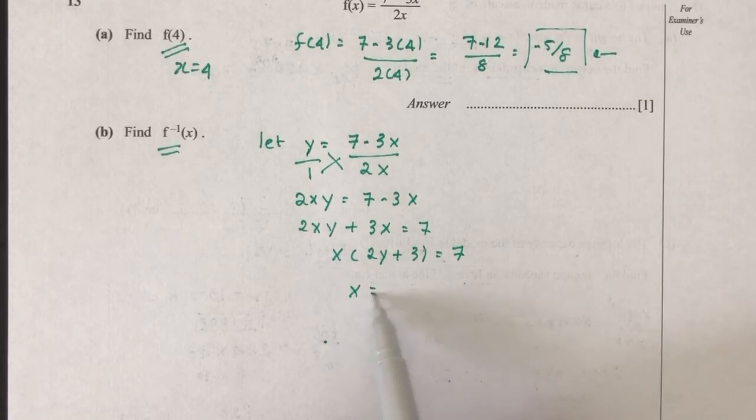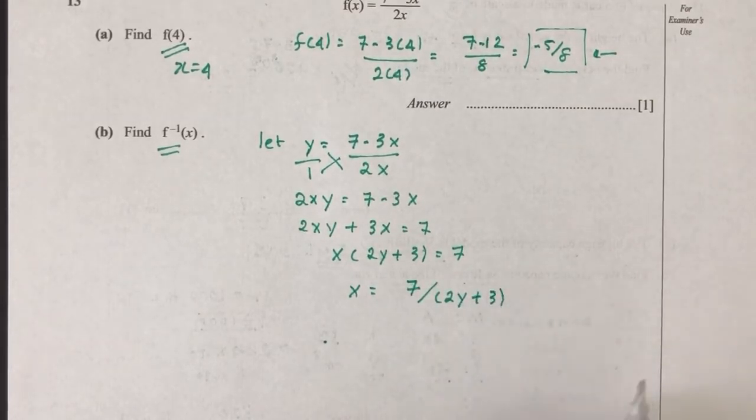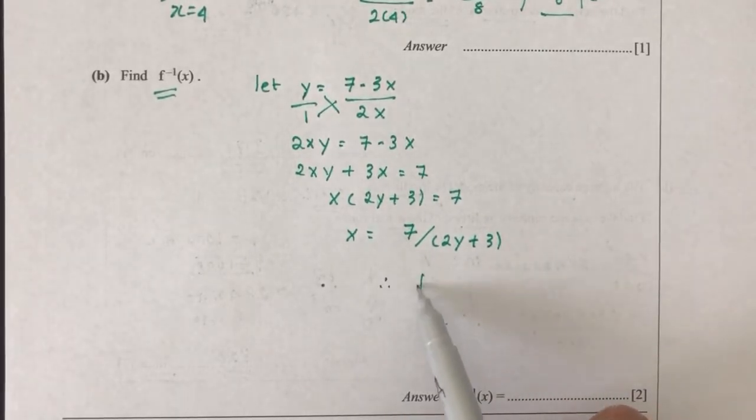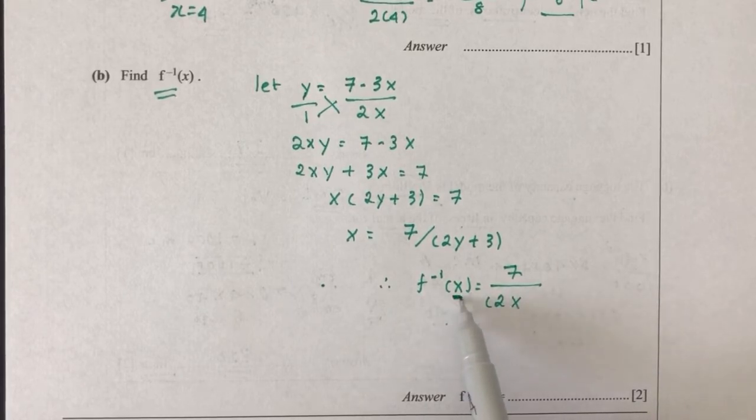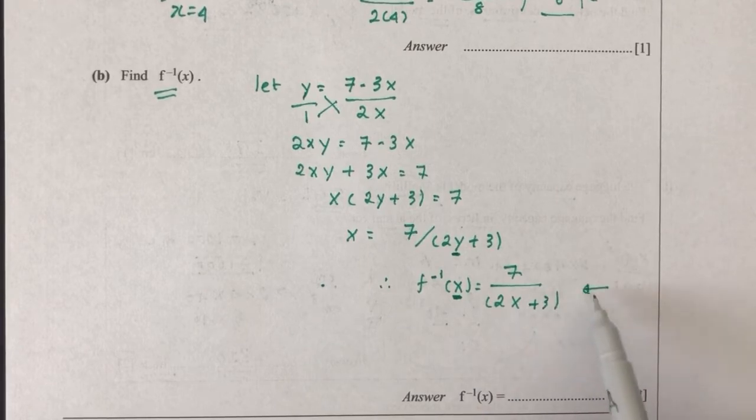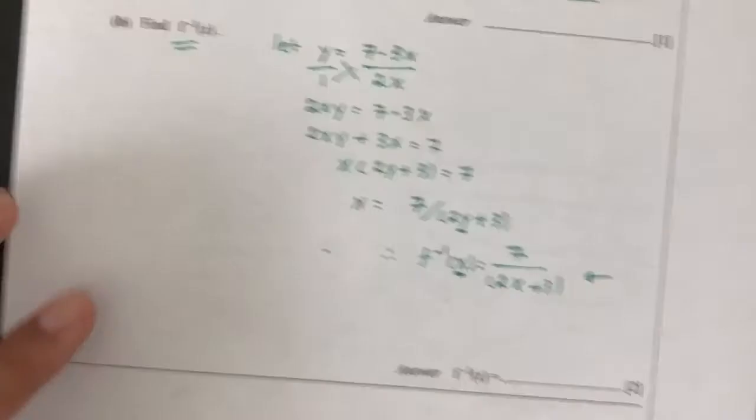So x is 7 divided by 2y plus 3. So from this we know that the inverse of the function will be 7 divided by 2x, but because it needs to be in terms of x, we have to change this to x plus 3. This will be your answer for part B, question number 13.